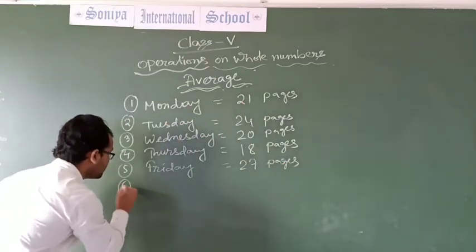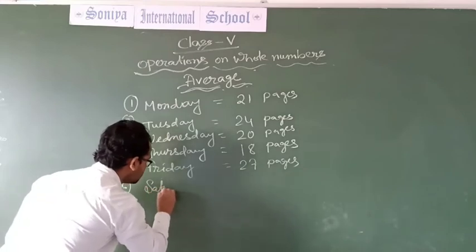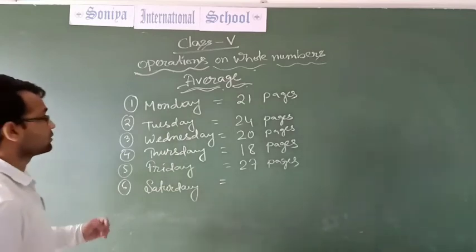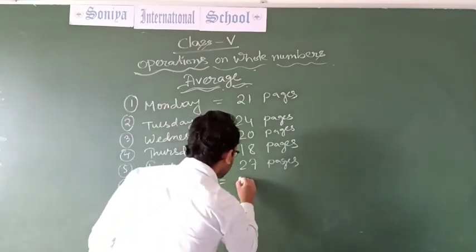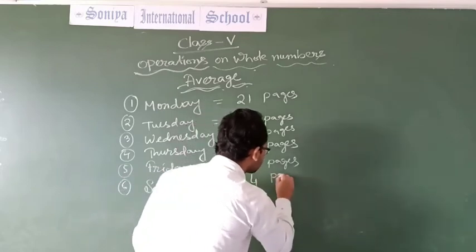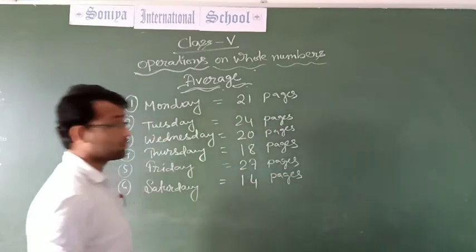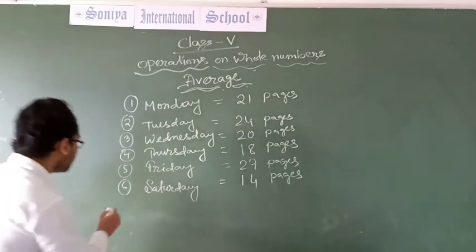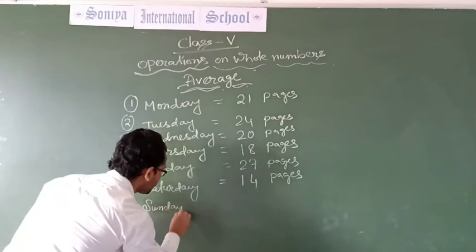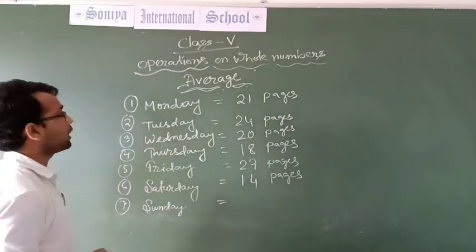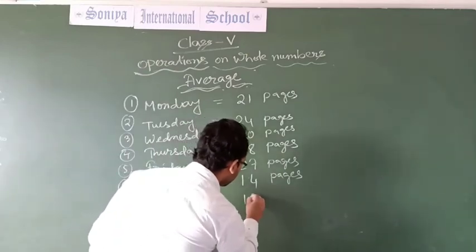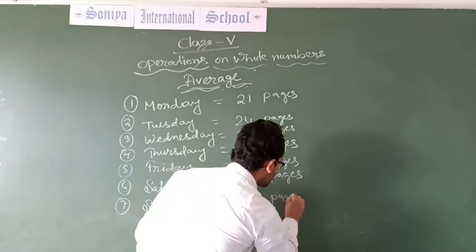Sixth day, Saturday, 14 pages. And the last day, Sunday, 19 pages.